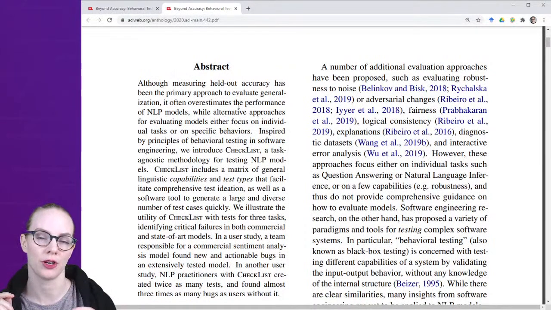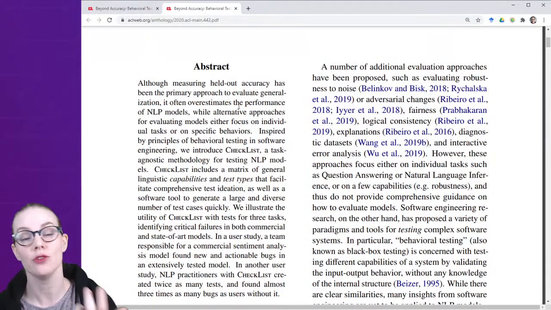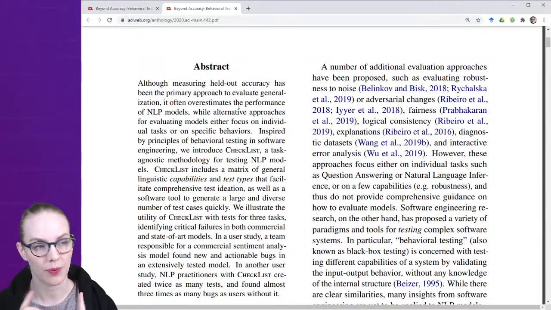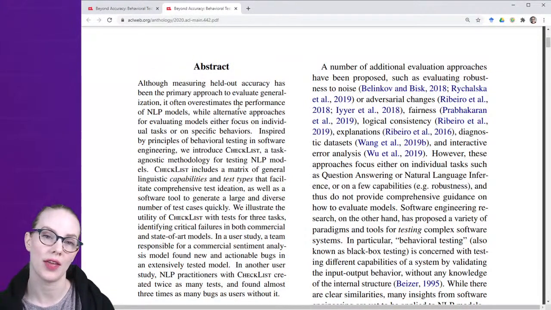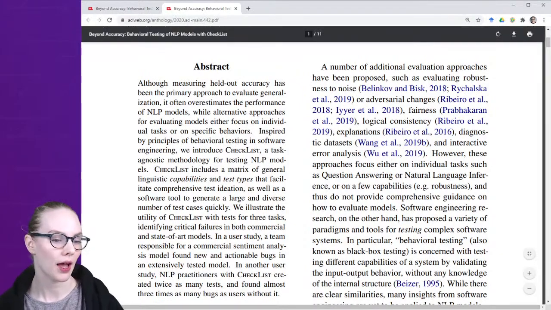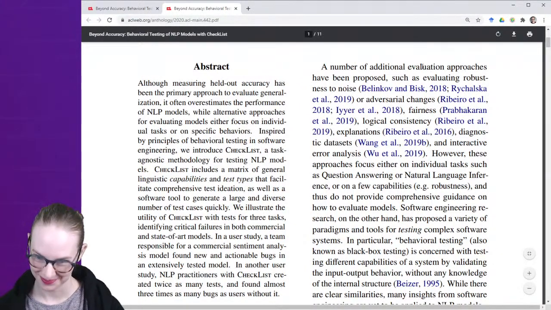And then you pick out the parts of the grid that are most relevant for you and your work, and then you develop tests that fit in that grid. So it's a very general framework that allows you to compare models that are very different on how well they handle different types of linguistic input, which sounds very useful.